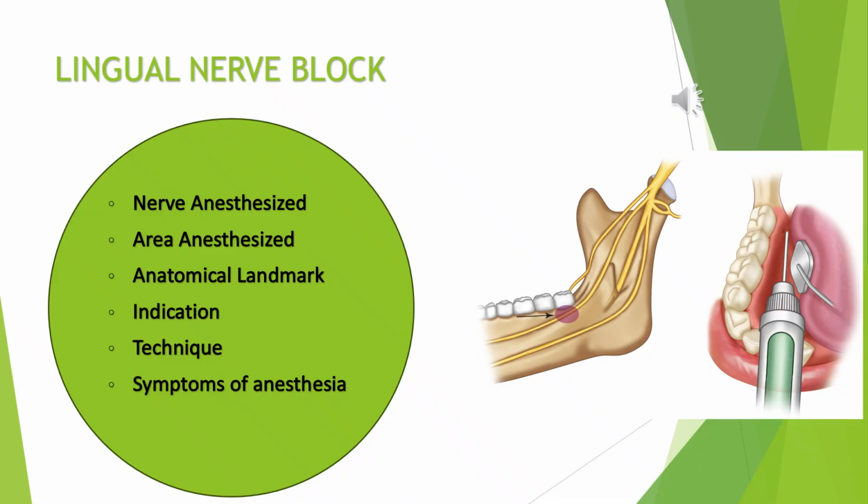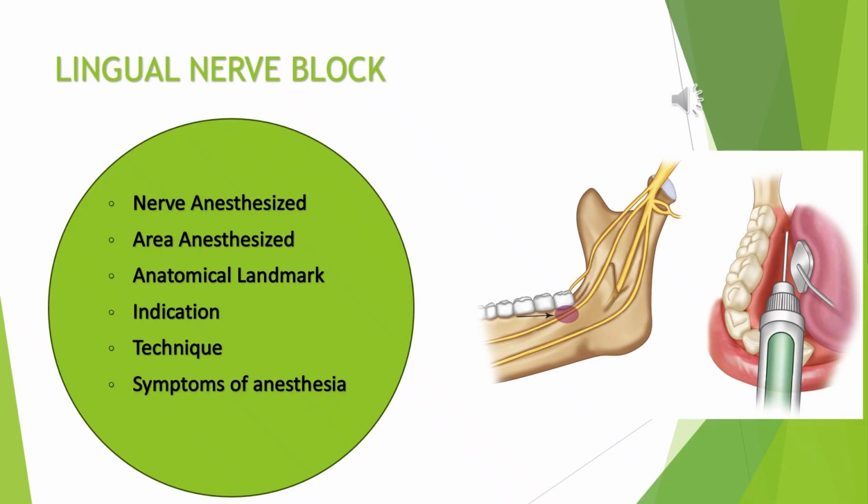Now comes the lingual nerve block. The lingual nerve block is used to anesthetize the lingual nerve, which is a branch of the mandibular nerve. Due to this nerve anesthesia, the anterior two-thirds of the tongue, the floor of the oral cavity, and the mucosa and mucoperiosteum of the lingual side of the mandible get anesthetized. The landmarks followed for this nerve block are the same as for the inferior alveolar nerve block.